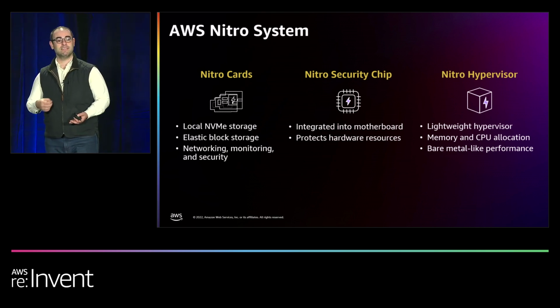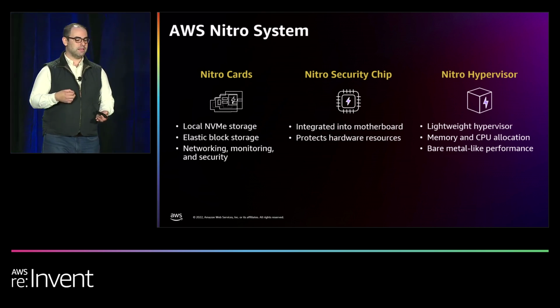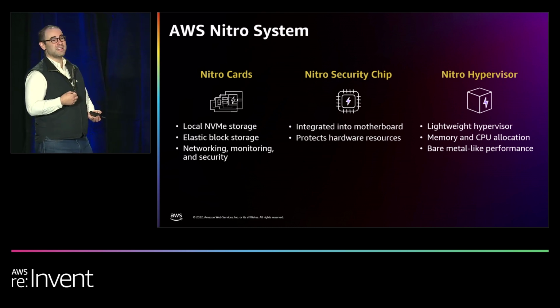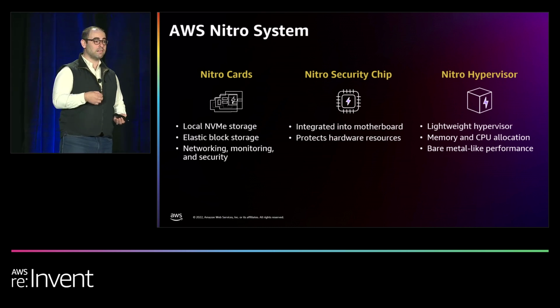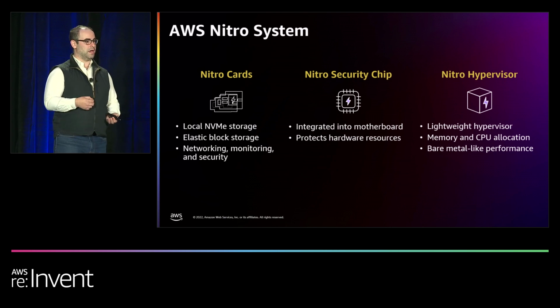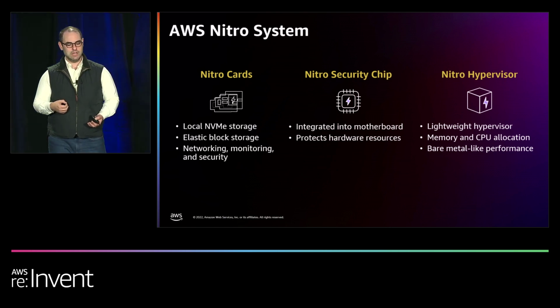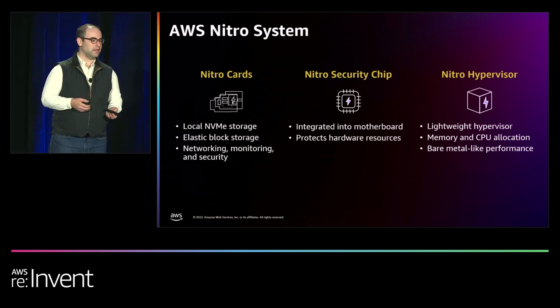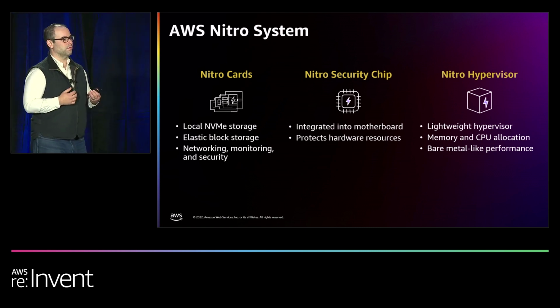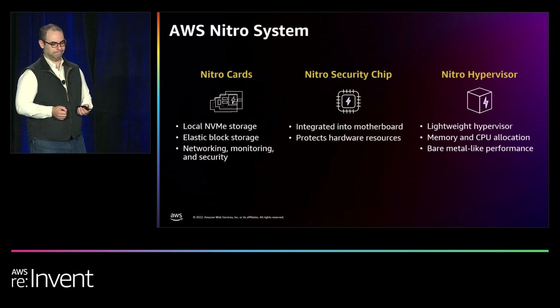There is nothing that does not need to be there. And this hypervisor allows us to provide nearly indistinguishable performance from a bare metal system. The main task of this hypervisor is simply allocating memory and CPU, providing them to instances, and stepping out of the way.